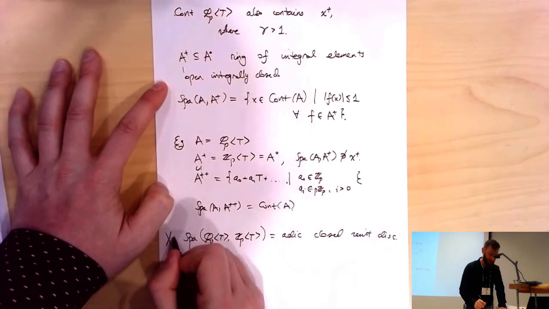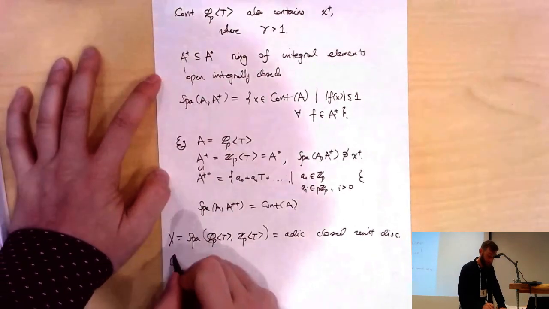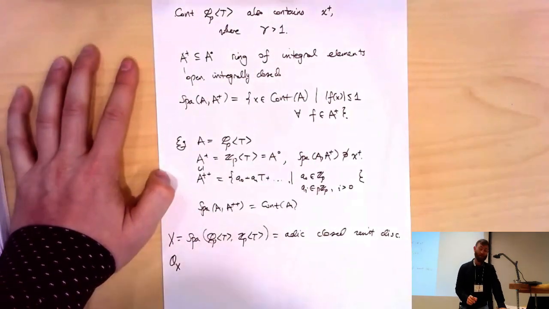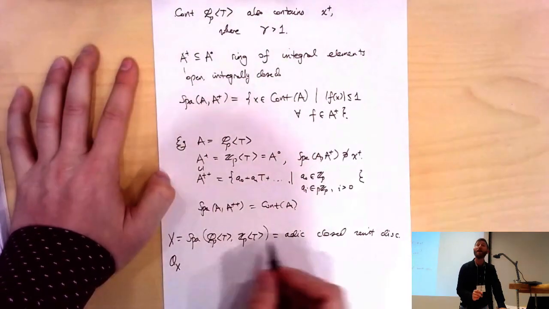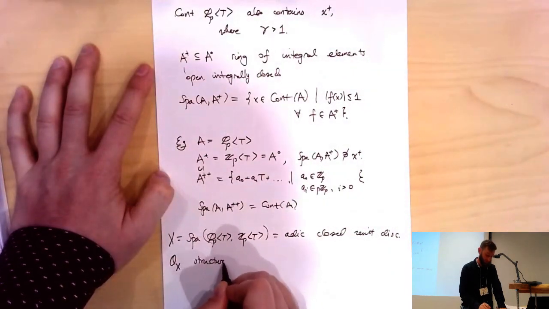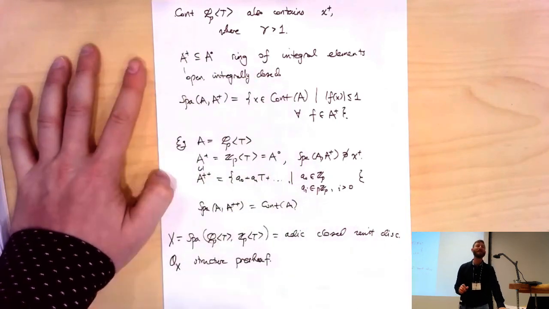Call it X. And next time we'll be talking about the structure sheaf, or generally the structure pre-sheaf on a Spa of an A plus like this. And then I will be able to define the class of adic spaces. Thank you.